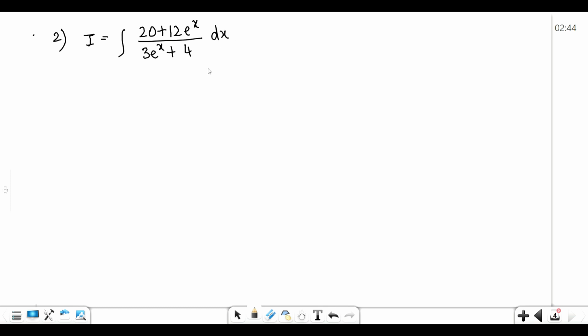Hope you understood the last problem. Now we will do the same steps again. First we will take the numerator. The numerator 20 plus 12 e raised to x is equal to a times the denominator plus b times the derivative of the denominator.